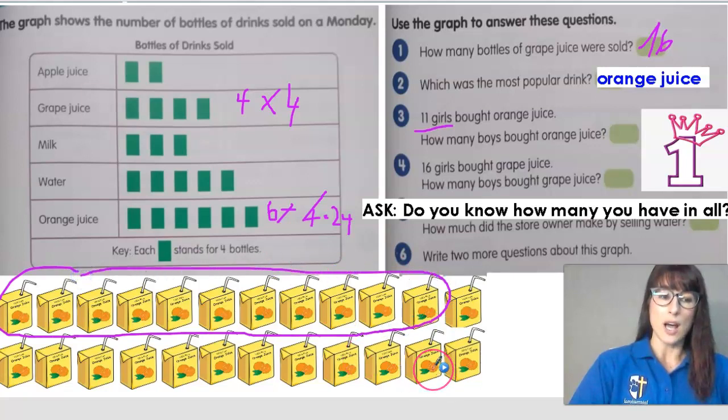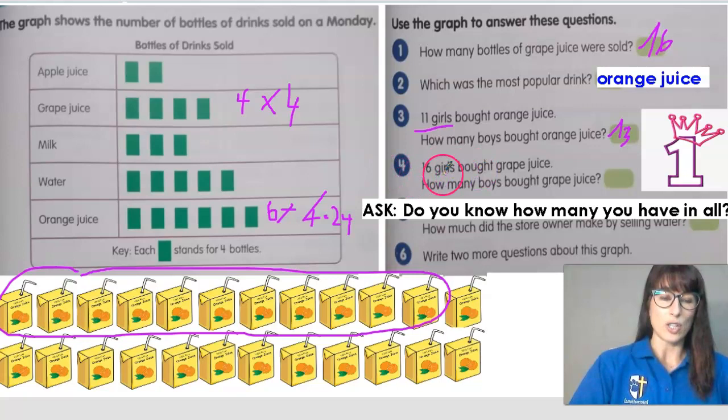Now the rest are the boys. So that is why we're going to do 24 minus the 11, and the answer will be 13. Okay, so to find out the rest, what's left over, we have to subtract. The same strategy we will apply in exercise number 4.